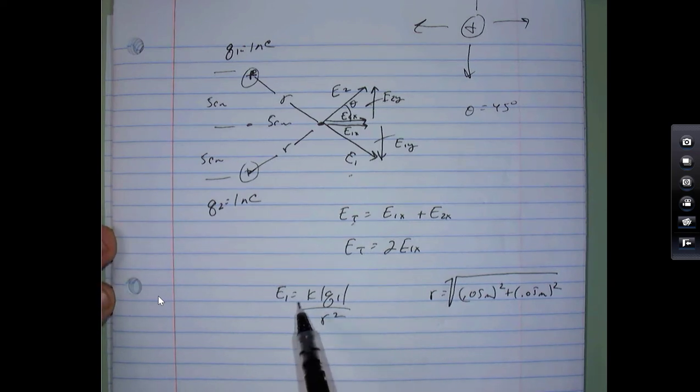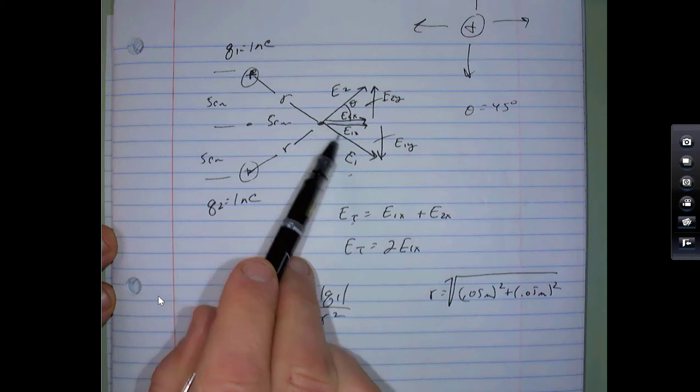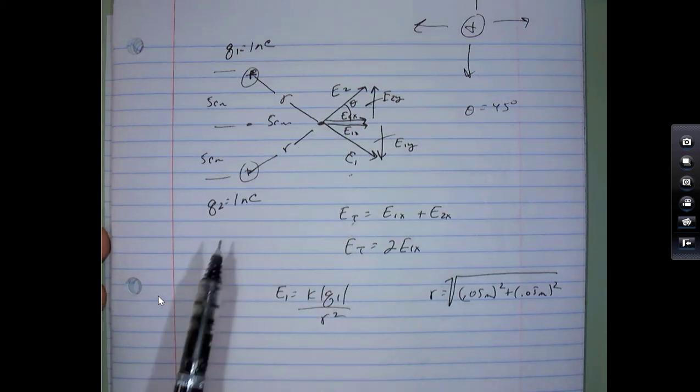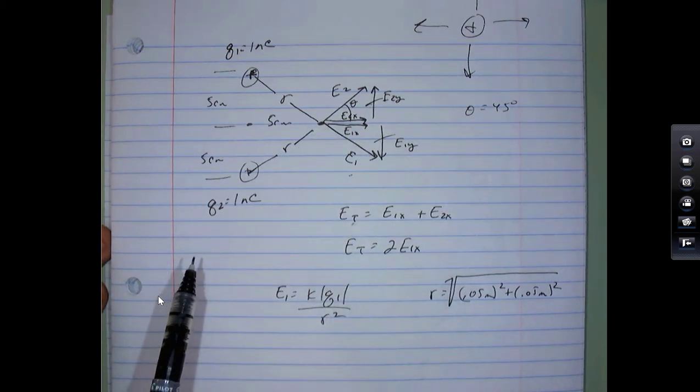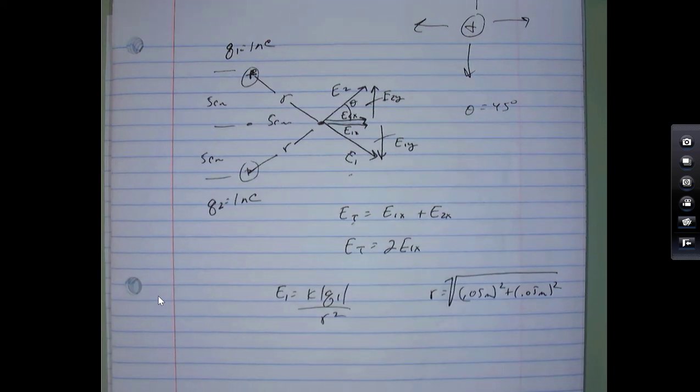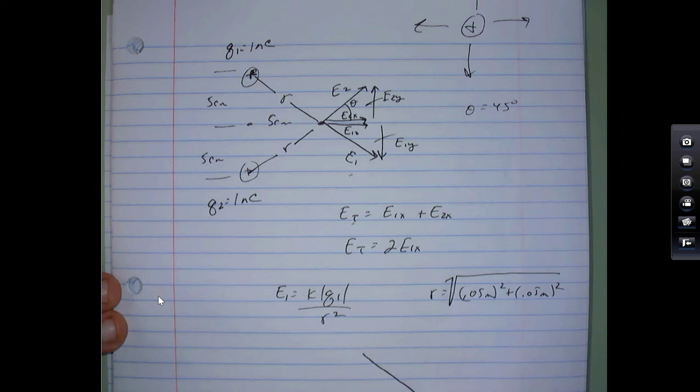Okay, so then you can get E1. Remember, that's in this direction. We need to figure out E1 in the x. Luckily, it's 45 degrees, so we're going to use sine or cosine. If you happen to mess that one up, you would be okay, because the sine of 45 and the cosine of 45 are the same thing. Let me do a better picture here.